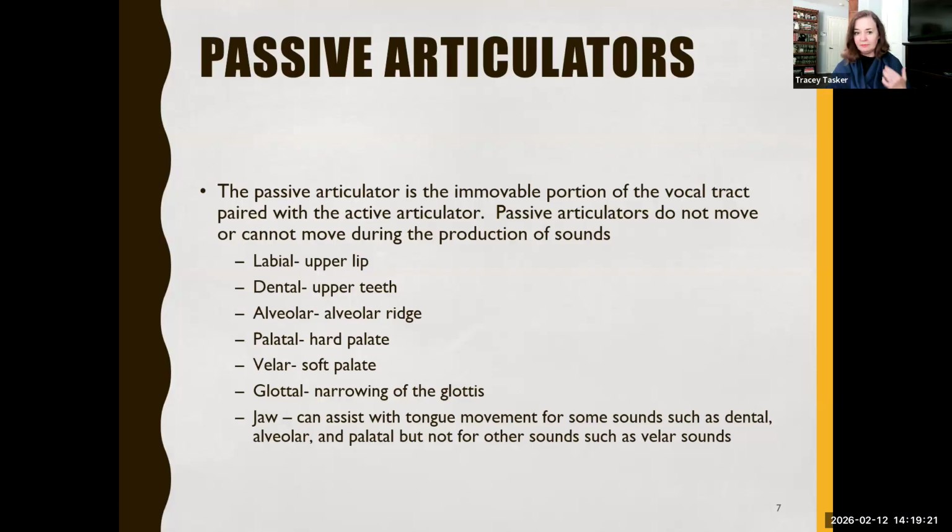So our upper lip, our upper teeth, the alveolar ridge, the palate, both hard and soft palate, your glottis, and then your jaw. Your jaw moves for tongue movements such as dental, alveolar, and palatal, but for other sounds, our jaw doesn't really move very much. For example, the velar sounds that we make.